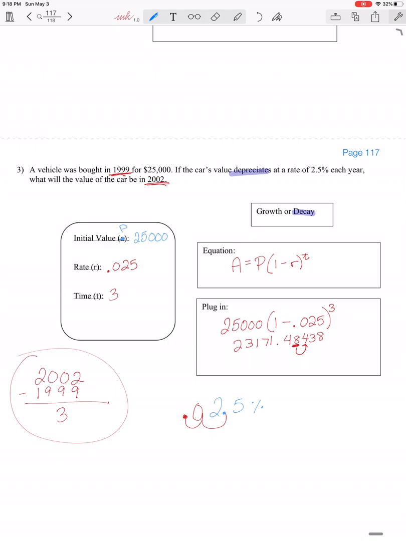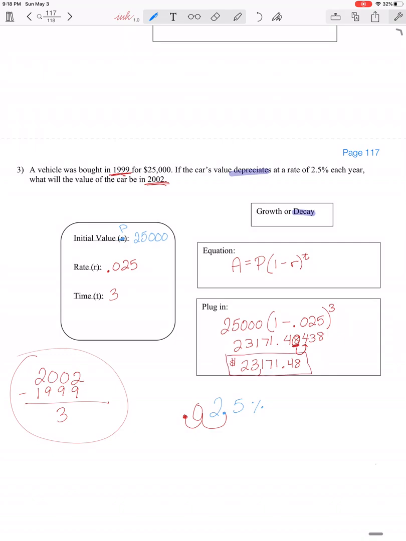So we're letting this 8 stay as an 8. So we have 23171.48. What that is telling us is that the car depreciated or went down in value, and in 2002 is now worth $23,171.48.